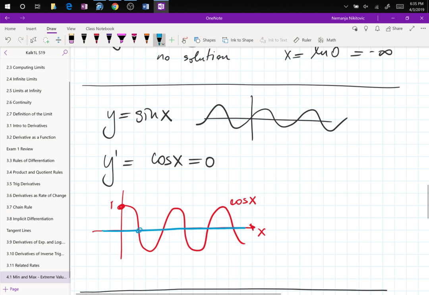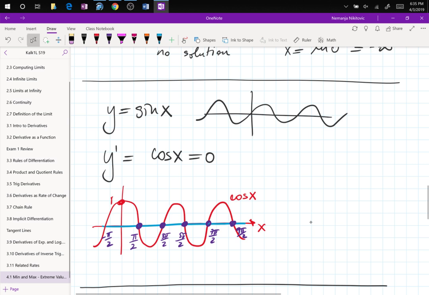They intersect at every purple point. Here, here, here, here, here, all of which are solutions. Now this one happens at pi over 2, 3 pi over 2, 5 pi over 2, 7 pi over 2, 9 pi over 2. On the other side, I have negative pi over 2.